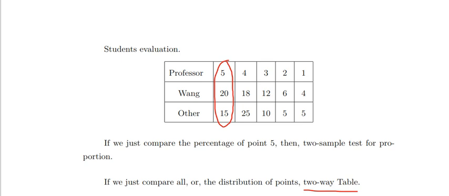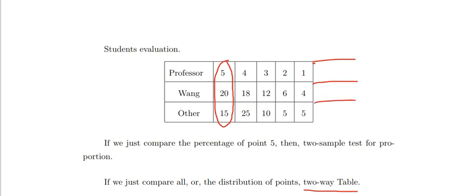So let's say in our report, usually we'll give the average. How can I find the average total points?